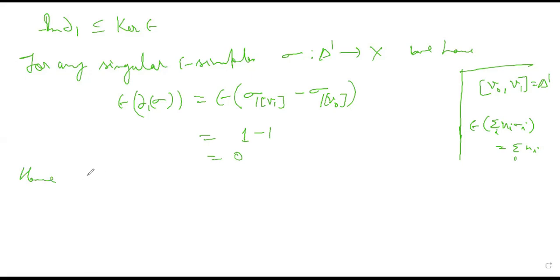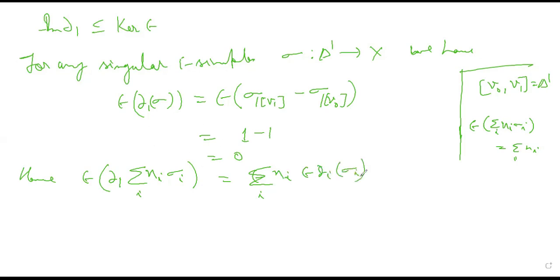Hence, this epsilon applied over the boundary of summation ni sigma i equal to summation ni epsilon boundary 1 sigma i.